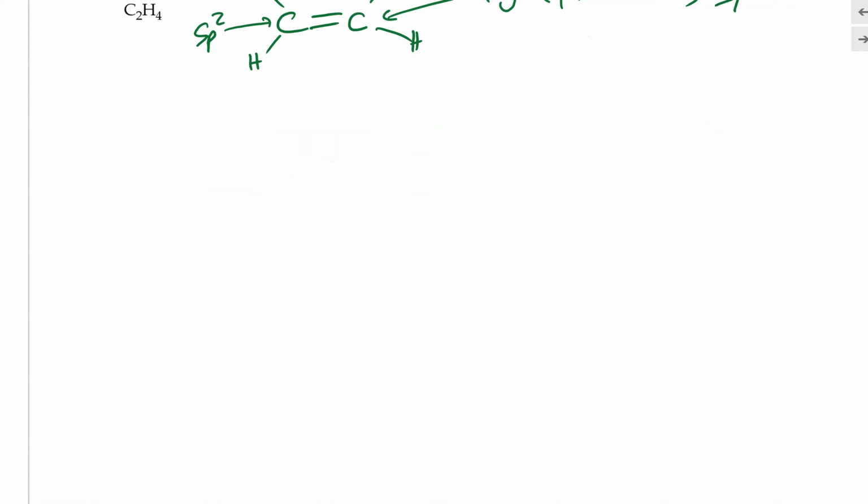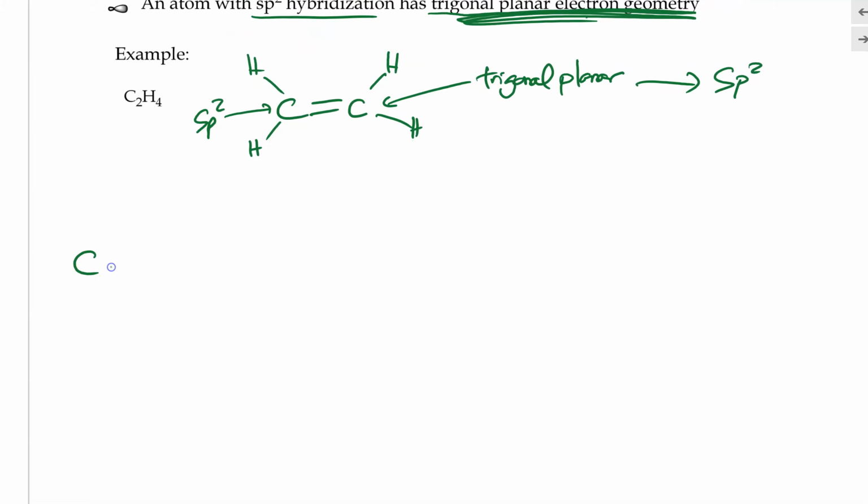Now let's construct what is happening when the carbon undergoes sp2 hybridization. Initially, the orbital diagram of the carbon before hybridization took place is as follows. Here is the 2s orbital with 2 electrons in it, and here are the 2p orbitals, which we're going to label as 2px, 2py, 2pz so we can distinguish among them.